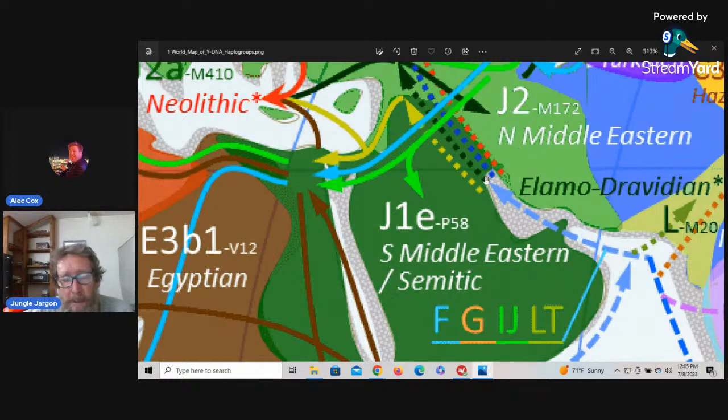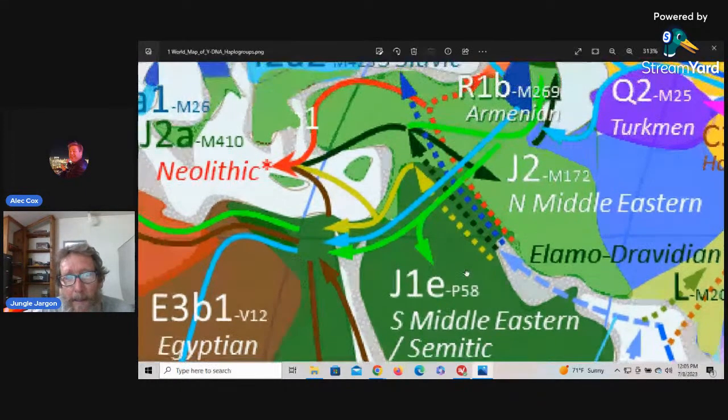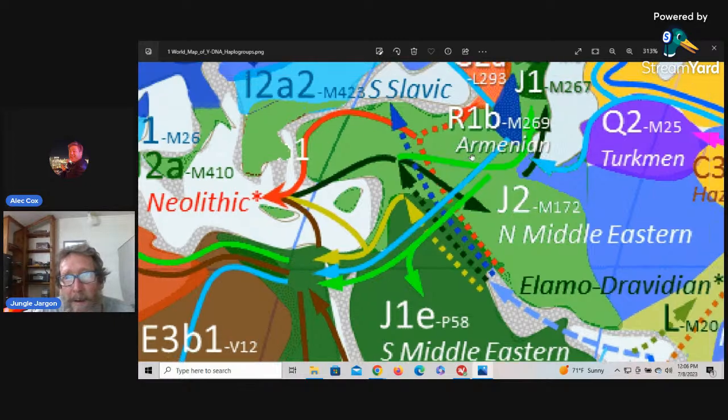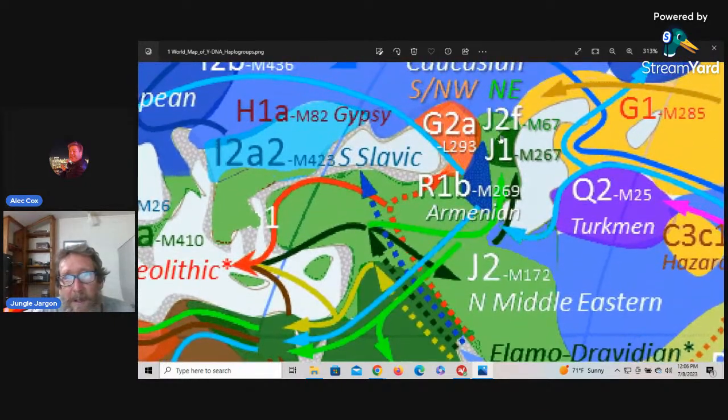J2 is Middle Eastern too, but when the children of Israel were exiled to the north, they went into the areas between the Black Sea and the Caspian Sea, known as the Caucasus Mountains.